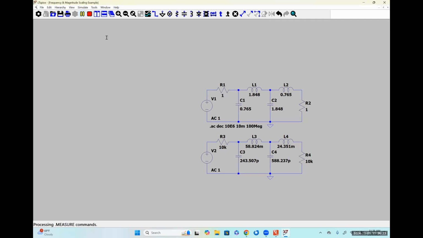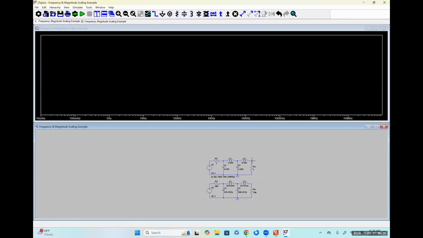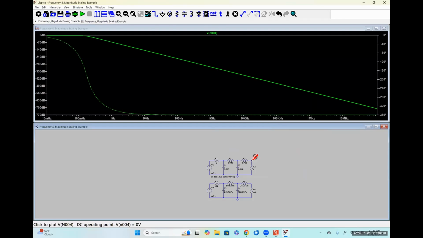And if I simulate this, so if I look at the output of this one, that's my original thing. And what I should see is effectively the exact same graph, but my cutoff frequency should now be shifted over to the right to 50 kilohertz.